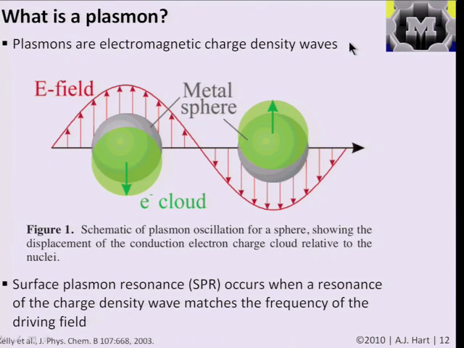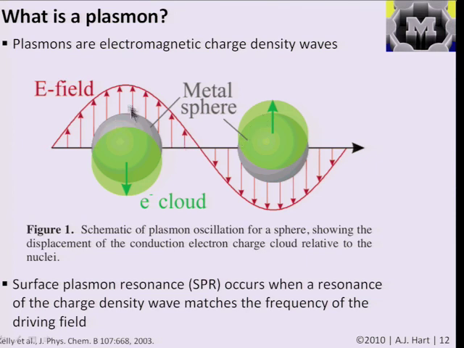So first question, what is a plasmon? The word plasmon comes from plasma, which is like a gas of charged particles. And in the context of a surface plasmon, we're talking about the electrons as the gas of charged particles responding to an electric field.